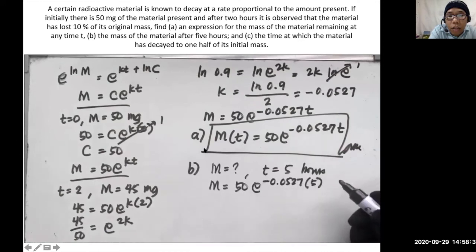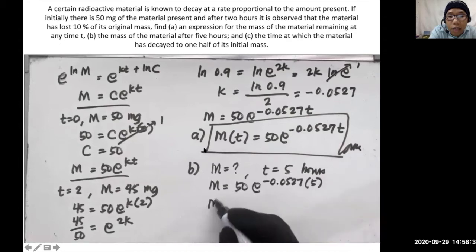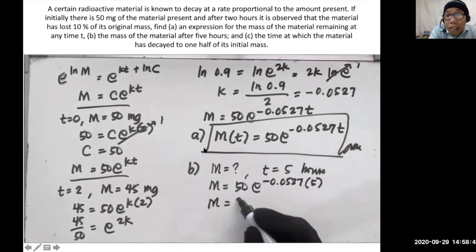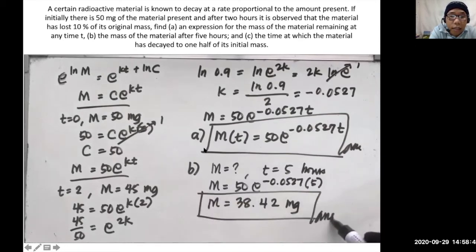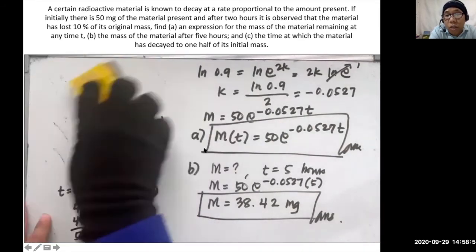Using your calculator, we can now have the mass, which should be less than 50 since it's decaying. So we have 38.42 milligrams. As you notice, after 2 hours, the mass has lost 10%, so it's 45 milligrams. And after 5 hours, it became 38.42 milligrams.